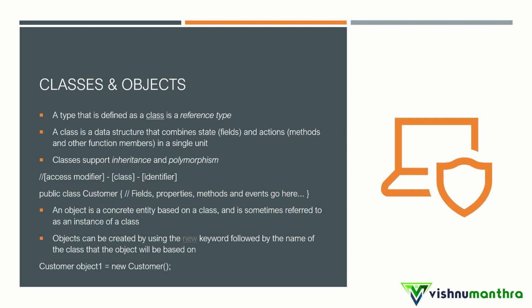We can extend or use a class with its objects. Objects help us to create an instance of a class, and we can use the class and methods anywhere we require. Also, one of the important properties of a class is that it supports inheritance and polymorphism. We will look into inheritance and polymorphism in later sessions, but understand that classes support inheritance and polymorphism.